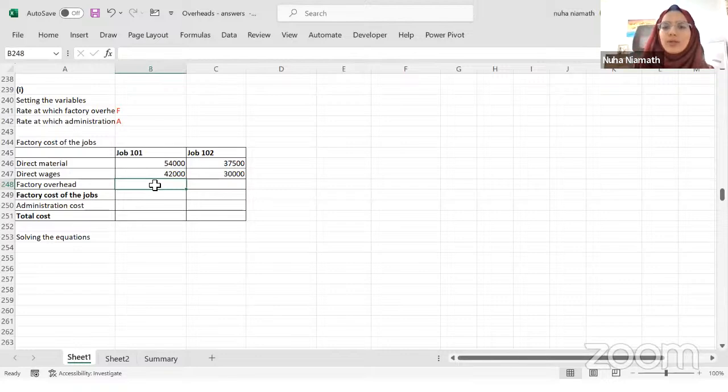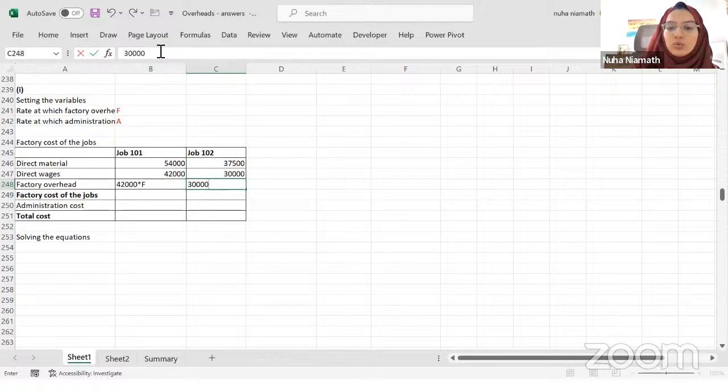So factory overhead will be equal to 42,000 into F. Correct? Is everybody clear till here? And for job 102, it will be 30,000 into F. Is everybody following me? Please let me know if I need to repeat anything.